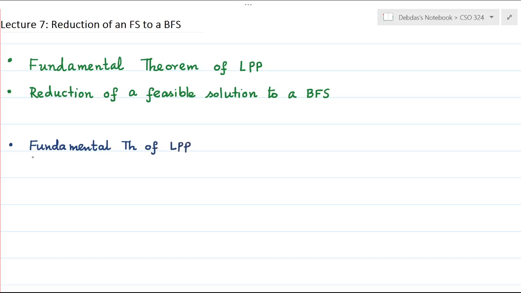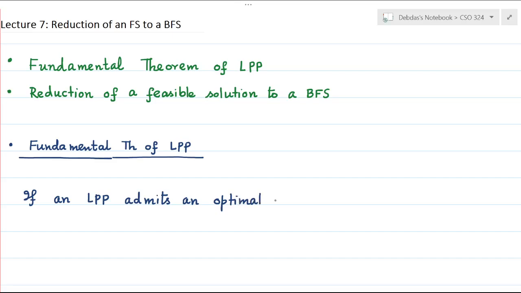It states the following: if an LPP admits an optimal solution, that means there exists a finite optimum of the objective function of the given LPP in the given constraint set.